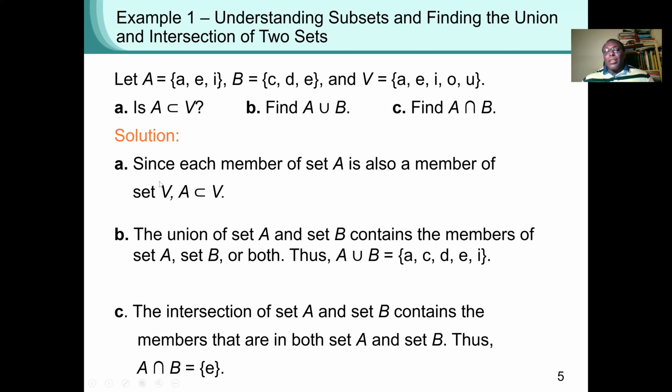So the terms we learned here: a subset means all the elements in A are also in V. Finding A union B means we want to find a new set that has all the elements in A and also all the elements in B. A intersect B means we want to find only the elements that are common to both A and B.